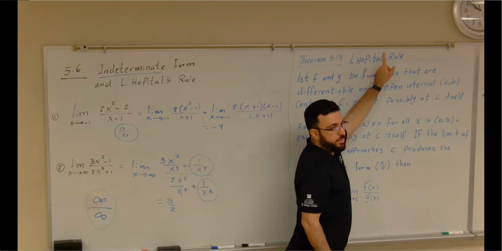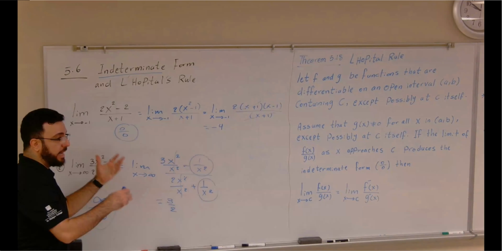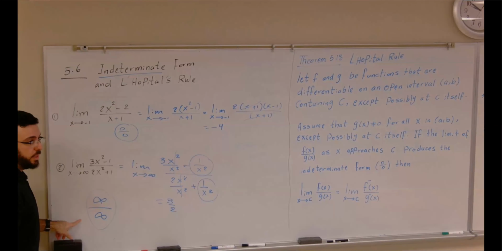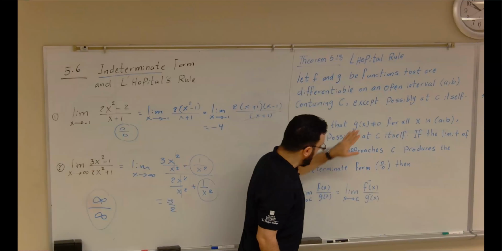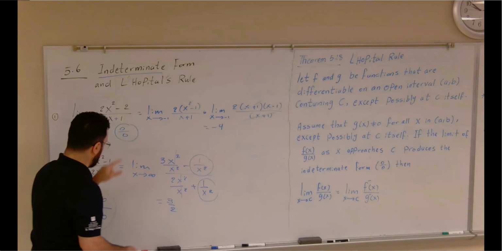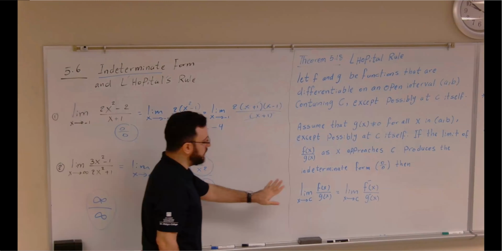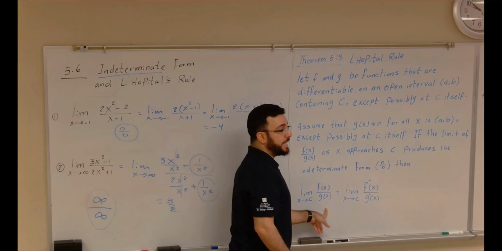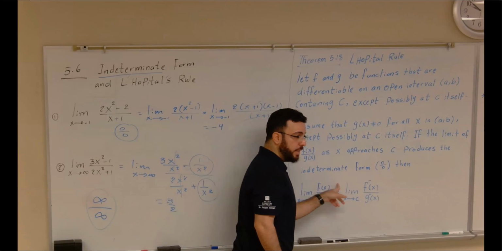That means I can use what? L'Hôpital's rules, okay? This is a simple example, but if you have hard examples, go ahead and check by plugging in the number. If you got one of these options, that means I can use this rule. This rule says, if you satisfy one of these conditions, the limit of f of x over g of x is gonna be exactly the same as the limit if you take the derivative on top and the derivative on the bottom.